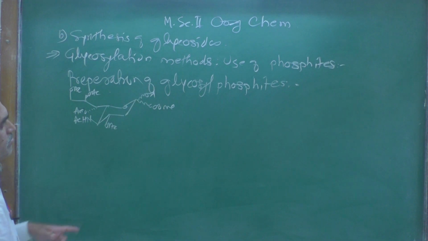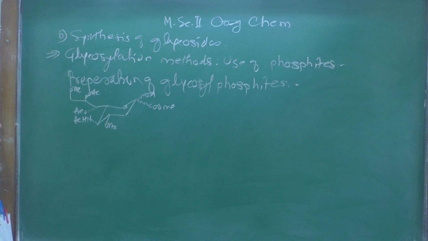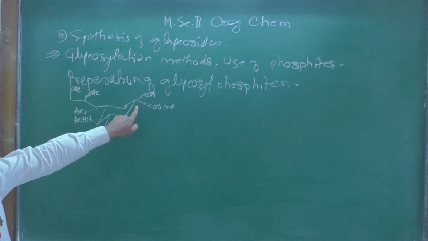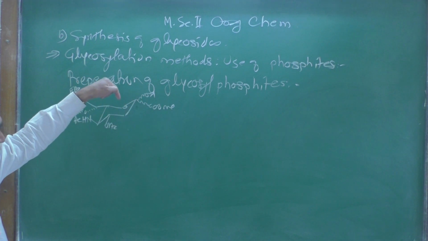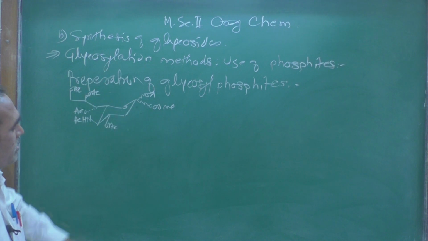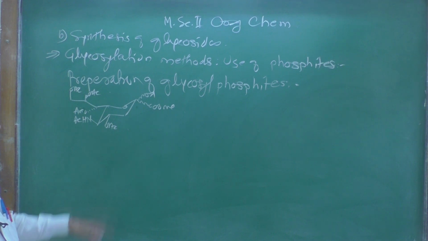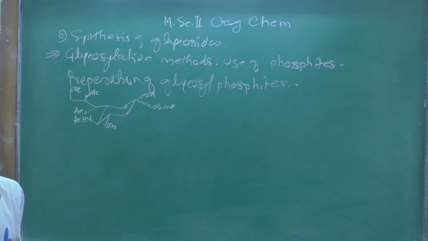This type of bond clearly indicates that we do not know where the hydroxyl group is present. Is it present on axial position or is it present at equatorial position? It is not mentioned, and for that purpose this type of staggered bonds are shown over here.